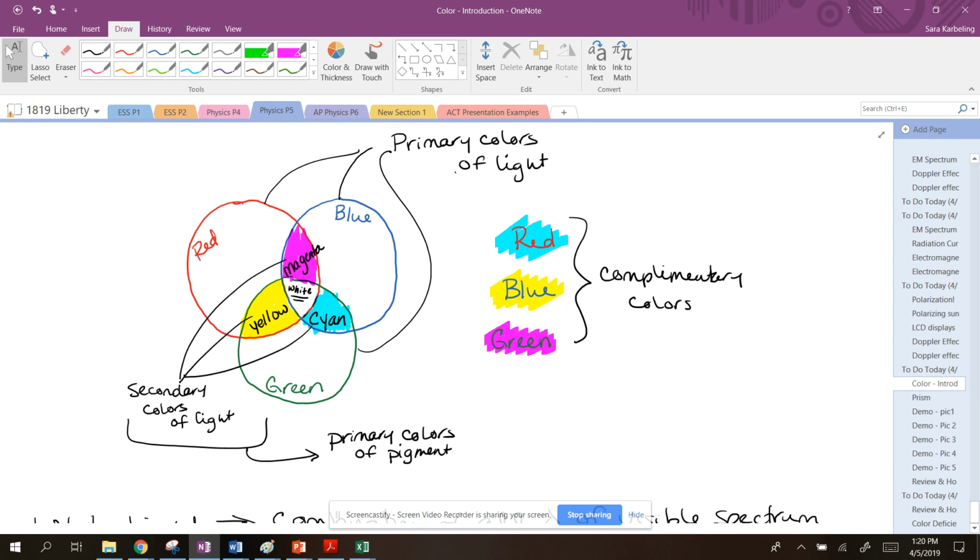That's because the red light from these lights bounces off of her shirt and towards your eyes, to your receptors, okay? What happens to the green light and the blue light? Absorbed. It's all absorbed in her shirt, okay?